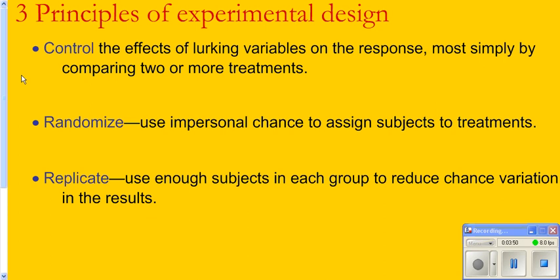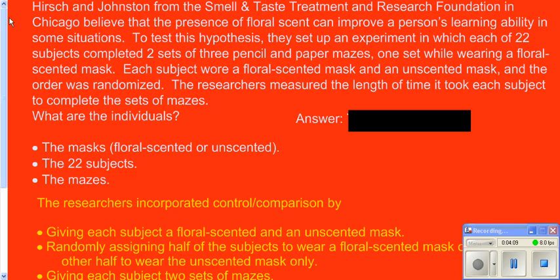When you're dealing with experimental design, you want to control for lurking variables. You want to have randomization occurring. And you need to deal with replication. So let's take a look through this one.